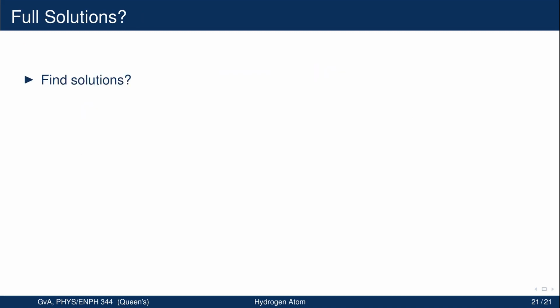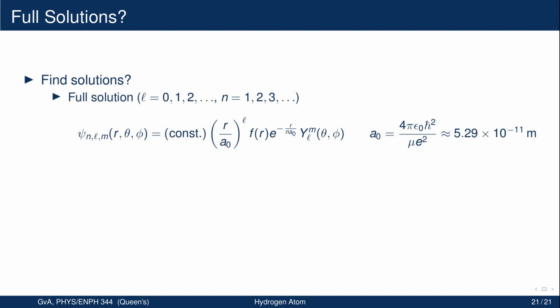Before we go, I want to mention that although we've determined the energies, we can also find the full solutions. Full solutions, corresponding to different L's and n's, have this form here, where there's a constant times r over the Bohr radius raised to the L, times our functions f, times this exponential fall off, and times the spherical harmonics, where the Bohr radius is this quantity that's about 5.3 times 10 to the negative 11 meters.